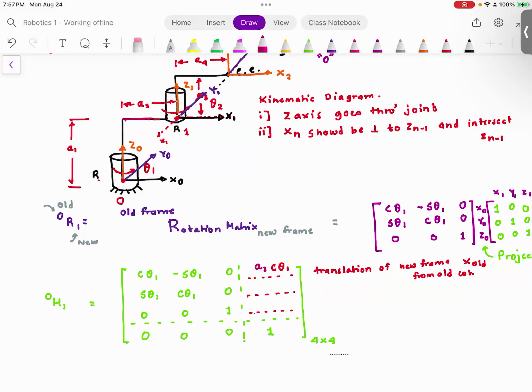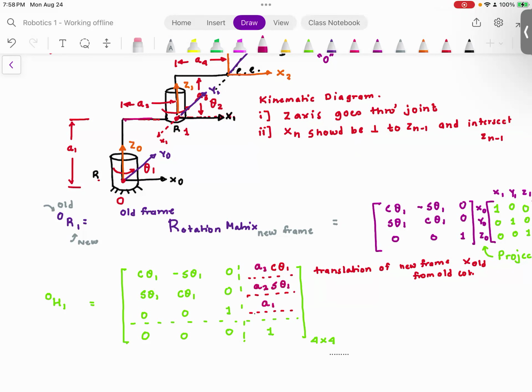Similarly, here it will be A2 sine theta 1. Right? And what would be here? It would be A1, because no matter what the value of theta 1 is, that distance A1 is not changing. So here it would be A1. Do you agree with me?